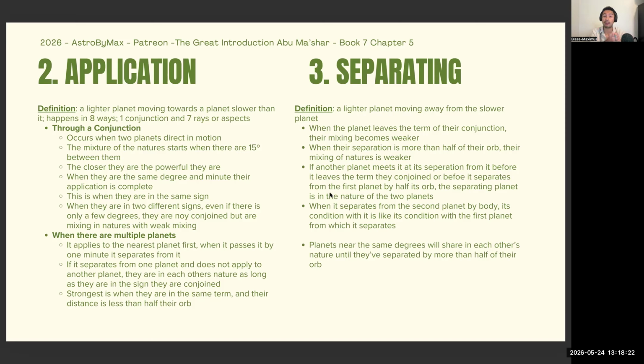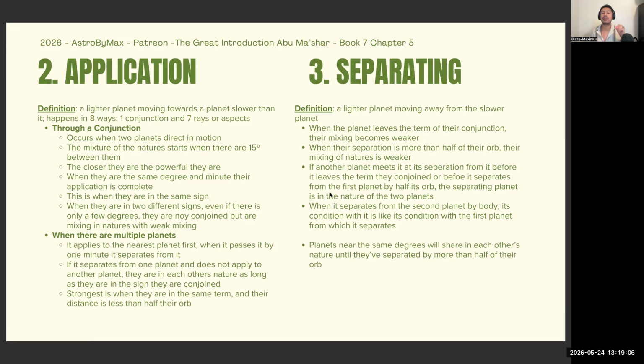So if you have a planet, for example, at 10 degrees and 53 minutes of Leo, let's say it's the sun, and Mercury is coming to 10 degrees and 53 minutes, until Mercury gets to 10 degrees and 54 minutes, if it doesn't hit that 54-minute mark, even 1 minute past, it's not a complete application. It must be completely past the planet by at least a minute, an arc minute, just something.